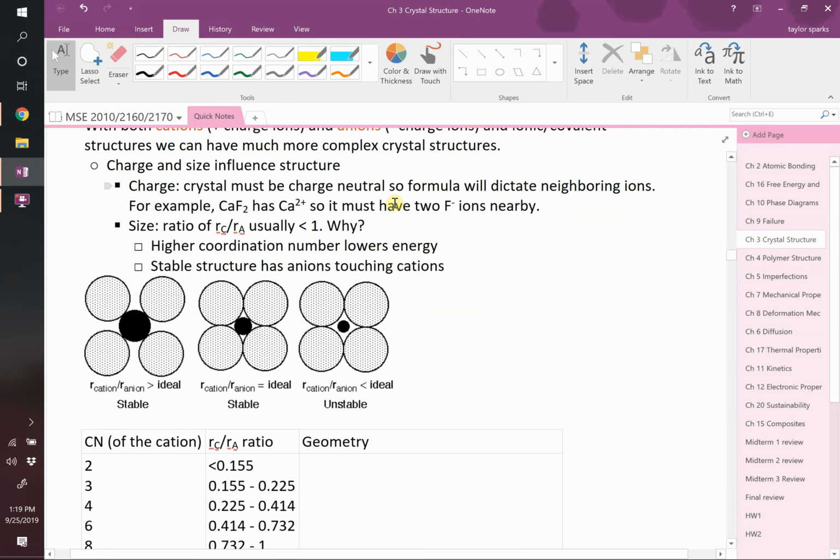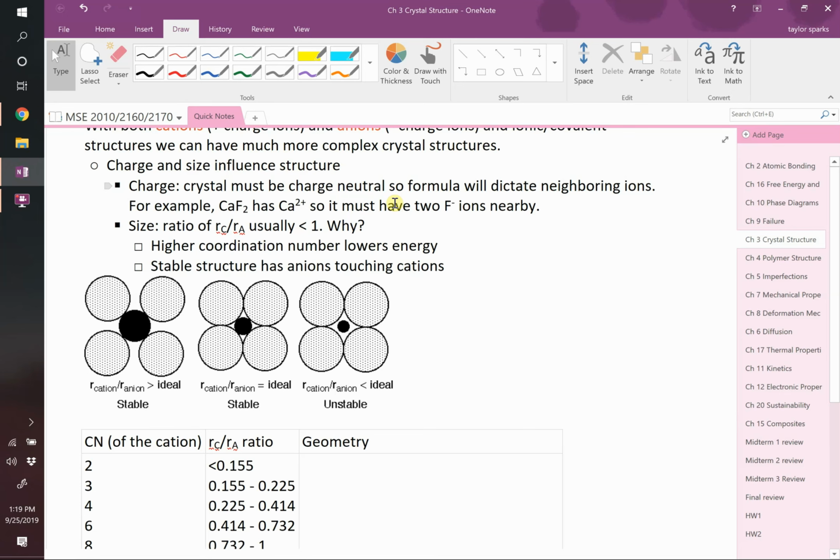Because of that, you end up with this scenario where if this is your cation and this is your anion, which is bigger than it, if it's going to surround it, it's going to be stable if these ions are touching. So here it's like the perfect size to be touching. Here it's still stable, but here the cation is too small and so it can't be touching the ions around it, the anions.